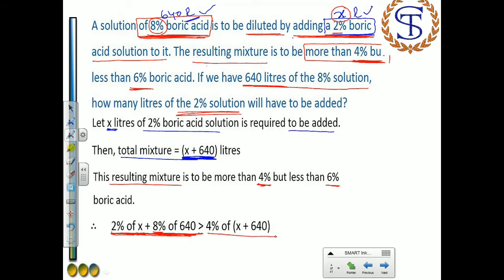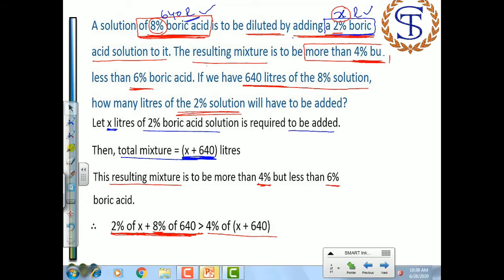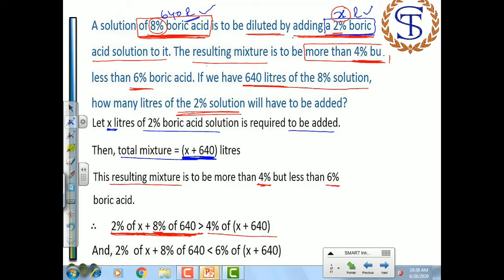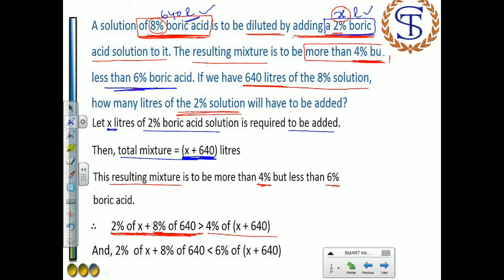This is the first inequation according to the question. But again, one thing is also given to us, that this resulting mixture is also less than 6%. It is greater than 4 but less than 6. So again 2% of X plus 8% of 640, the total acid content of the mixture, is less than 6% of the total, which is X plus 640.